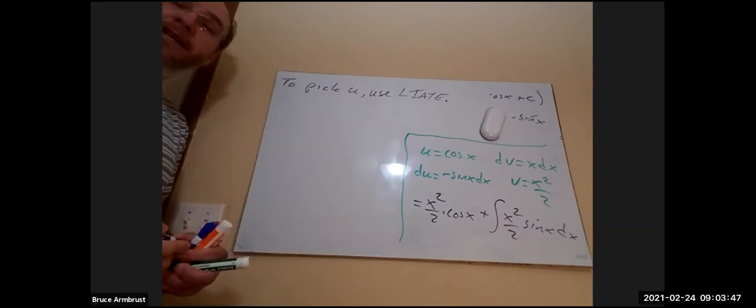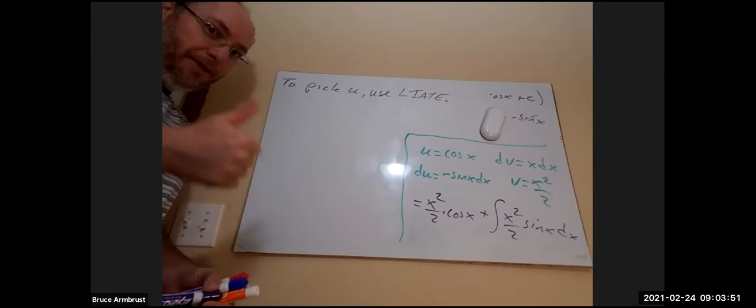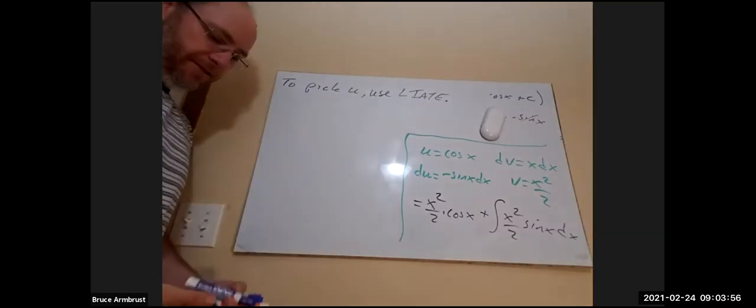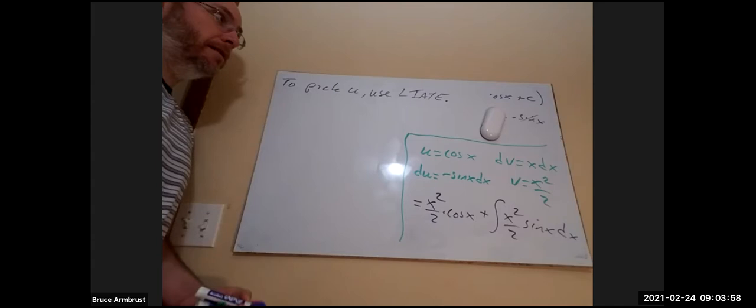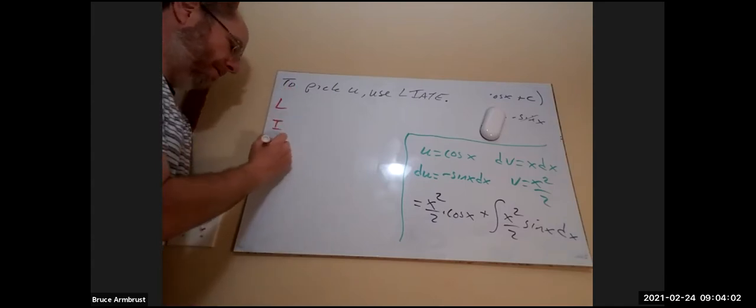So pretty much if you pick u this way, you're going to be good to go. All right, so LIATE, all of those letters stand for something. So put them here.